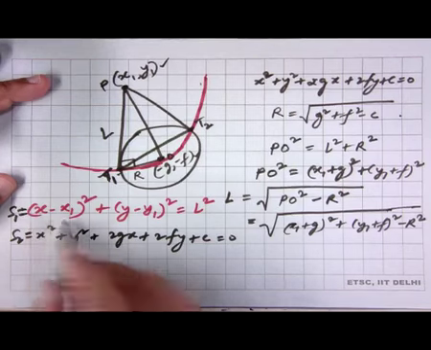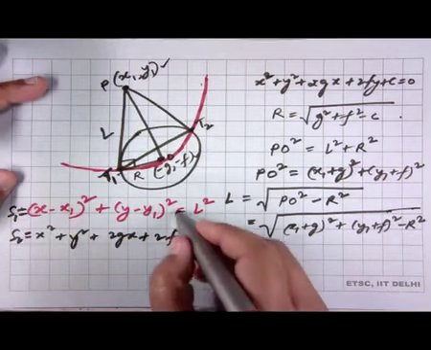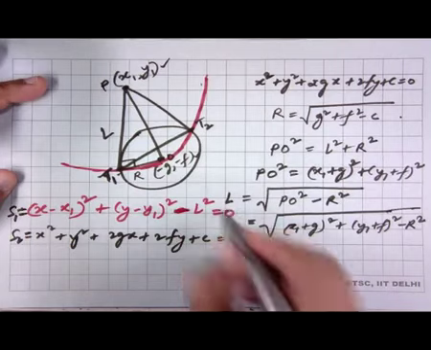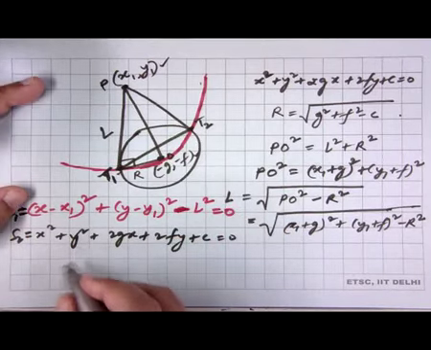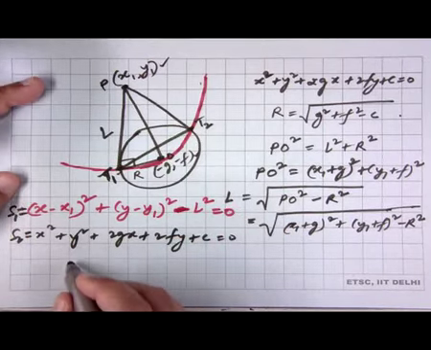So, when we write it, we have to write it like this, and the equation of the radical axis will be simply S1 minus S2 equal to 0.